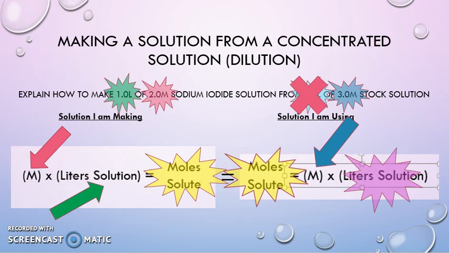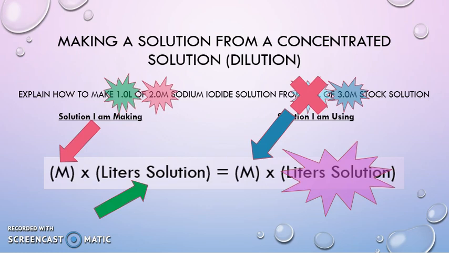And what that enables me to do algebraically is make one big long equation. Since those two terms are the same, cancel them out. Let's keep simplifying our equation. What that means now is that the molarity and the liters multiplied together for the solution you're making equals the molarity times the liters of the solution that you're using.